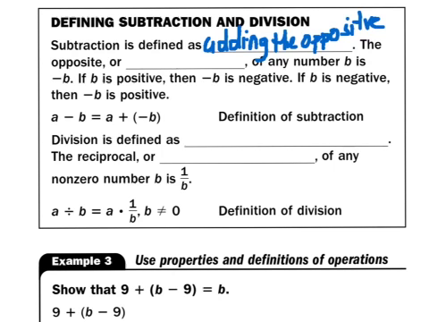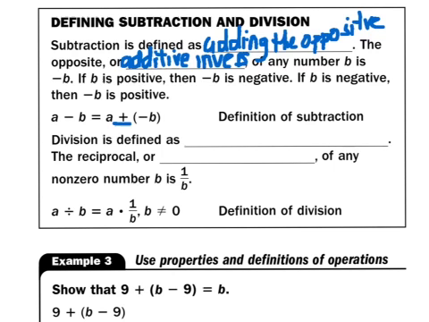The second blank would be the opposite, or what was the other name for opposite? Additive inverse of any number b is negative b. If b is positive, then negative b is negative. If b is negative, then negative b is a positive. So here's the definition of subtraction. And like I said, we just talk about it as being adding a negative.